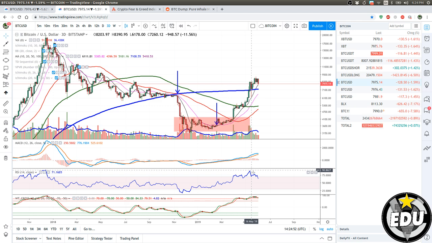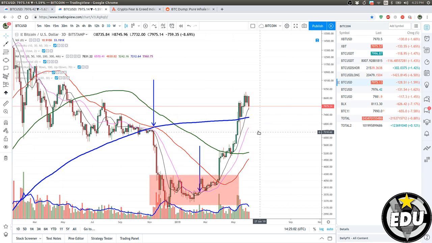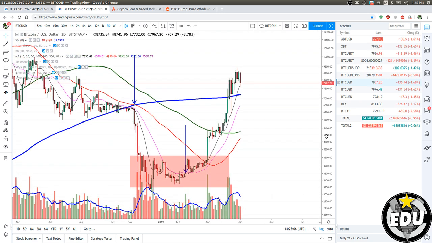And the 200 MA on the 3-day holds for the price to stay up. If those don't hold, my targets are a little bit below, at 6.8. Then if you drop below 6.8, it's a problem.